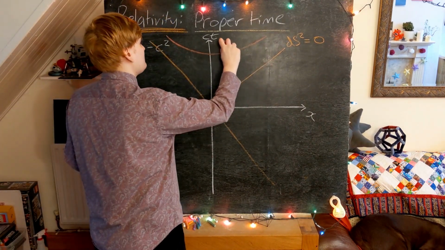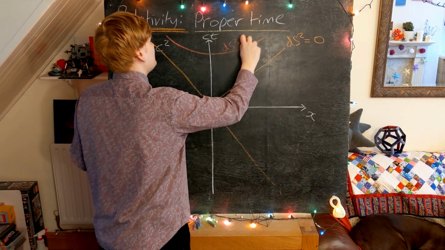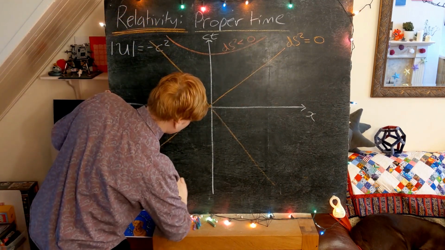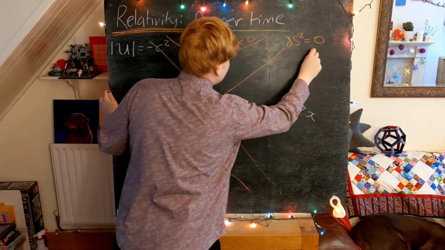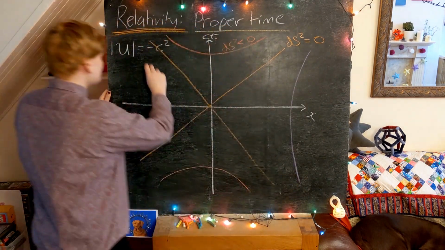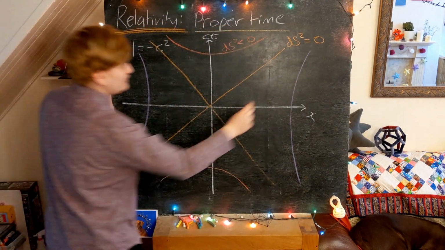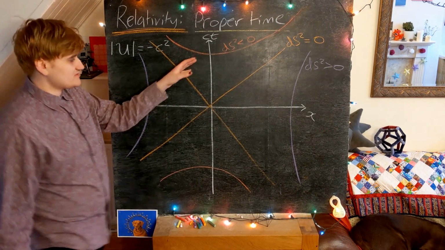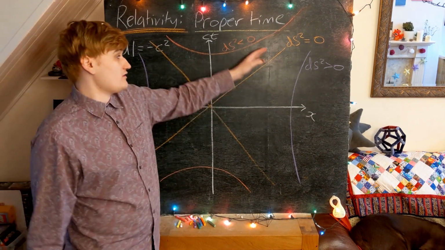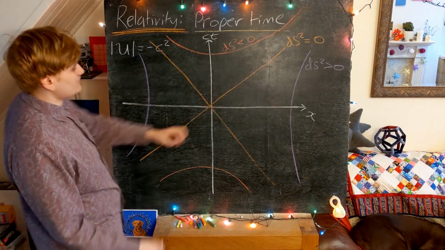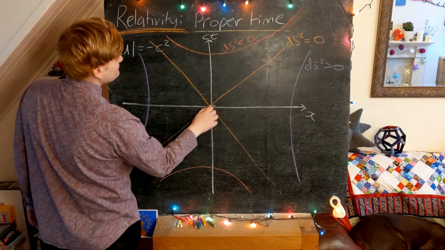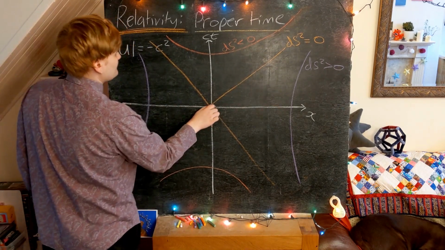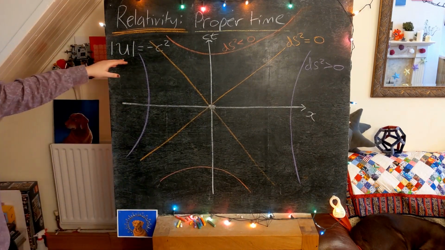Essentially we have the ds squared negative hyperbola, and then the ds squared positive hyperbola. Okay, so I've just drawn our positive, negative, positive and 0 separation points from the origin. We're going to use these to reference the length of this vector.